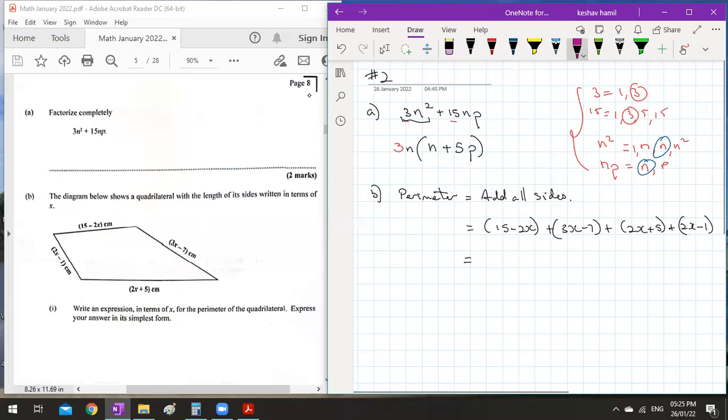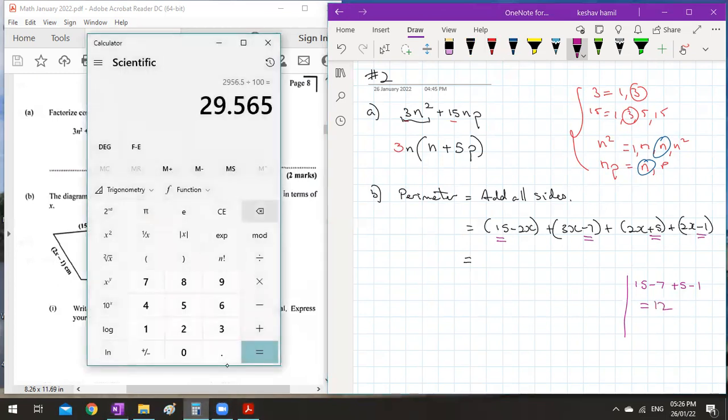They want us to express it in simplest form, so we have to simplify it. So we have 15, take away 7, add 5, take away 1, which is 12.